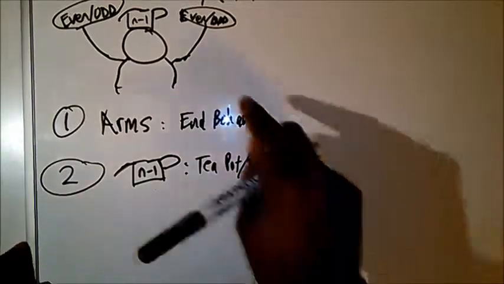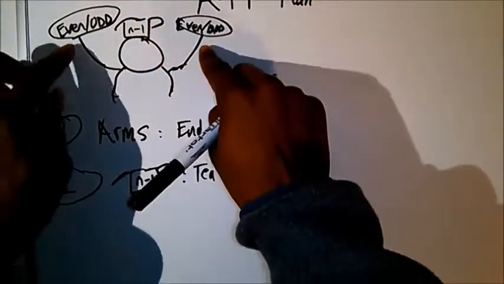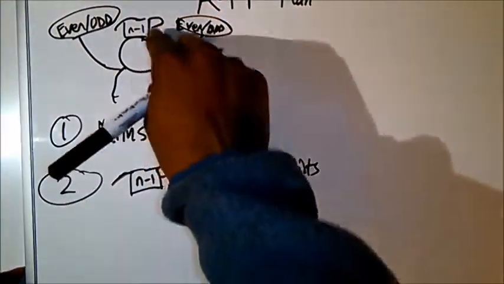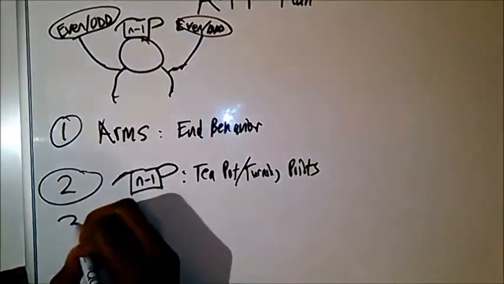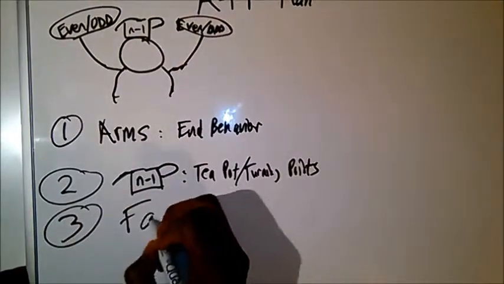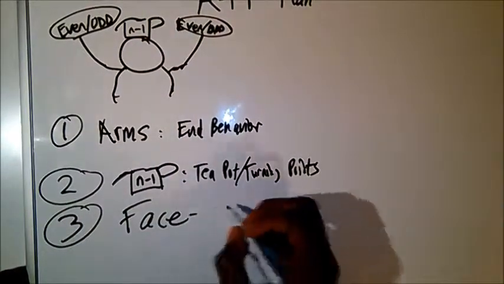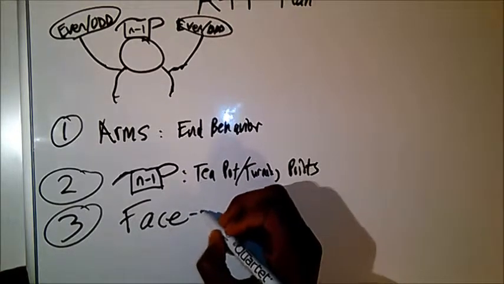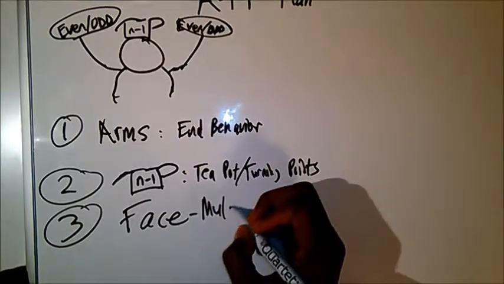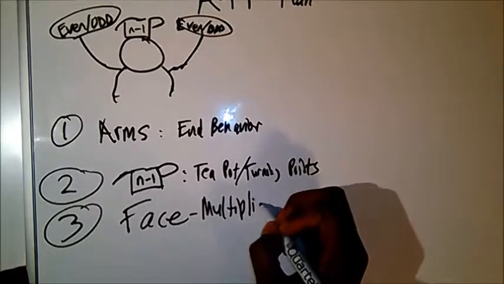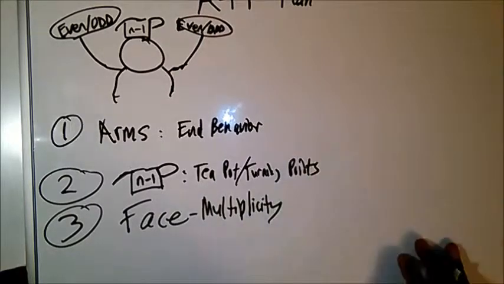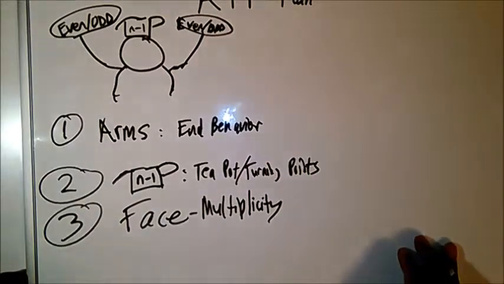And the third step, after we have our arms, after we have a teapot, is to look into the face, the x-intercept, or face multiplicity. Okay, face multiplicity.